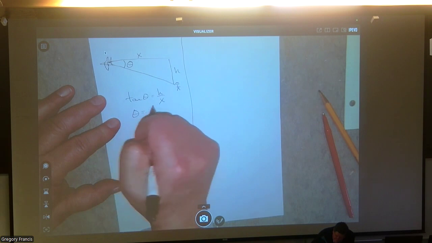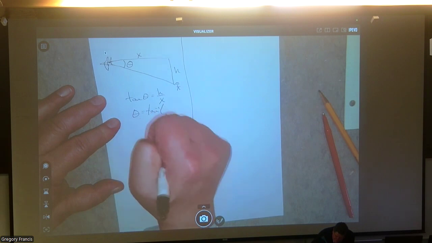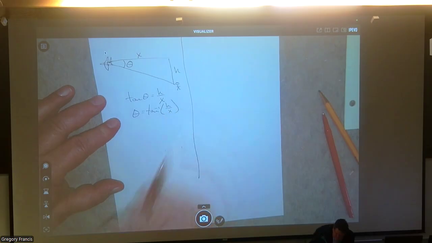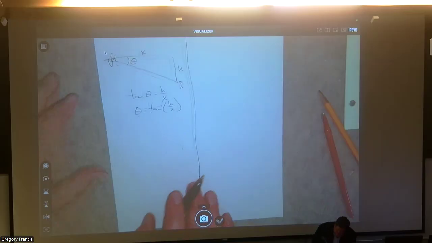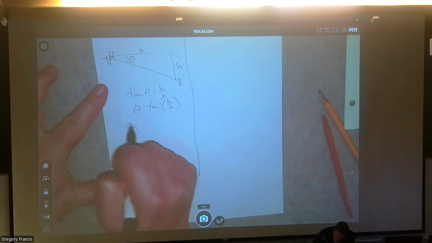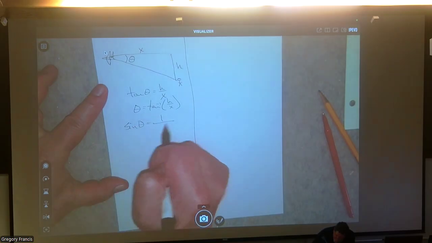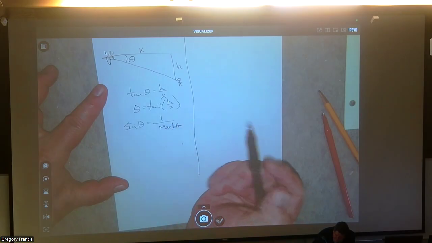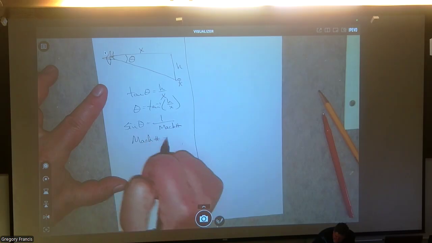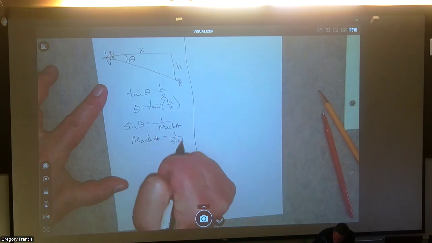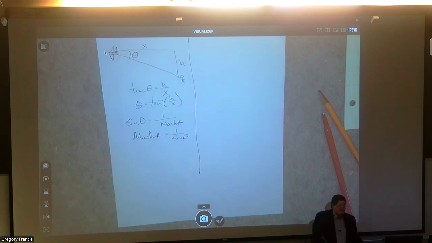So the angle would just be the inverse tangent of h over x. Now, once I know that angle, I know that speed. Because the sine of that angle, remember, was 1 over the Mach number. And that means I can say the Mach number is 1 over the sine of that angle. So once I find that angle, I can find out how fast the plane is going.